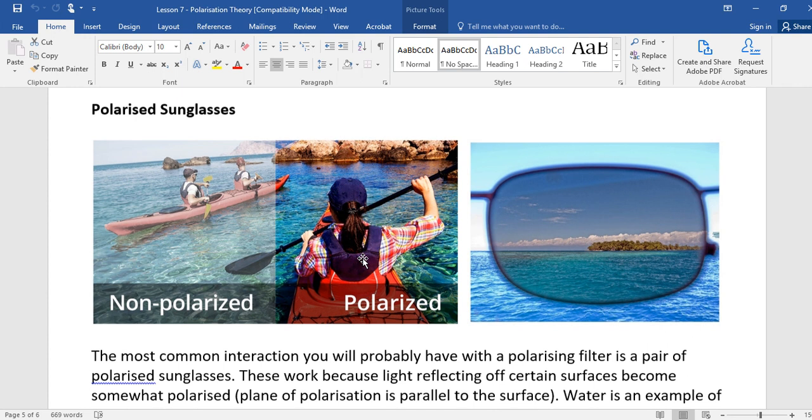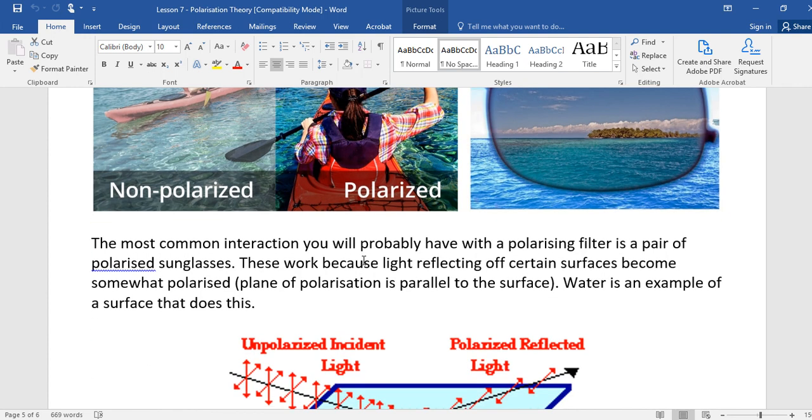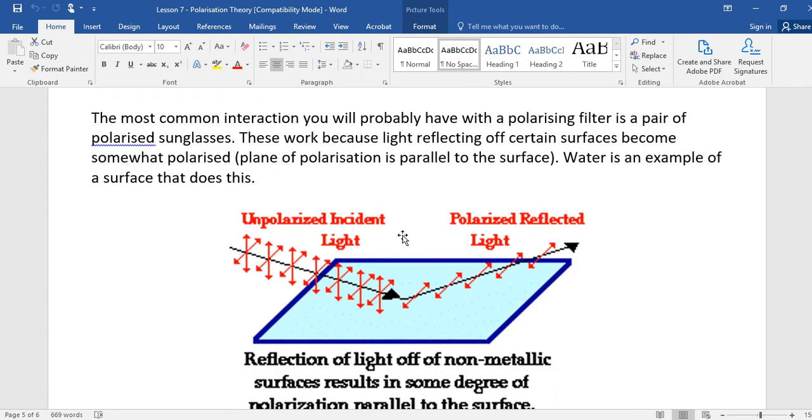The reason for that is because certain surfaces, and water is a good example of this, when unpolarized light hits them, depending on the angle, and you don't need to know this for the syllabus, that unpolarized light gets polarized by the water, the reflected light.